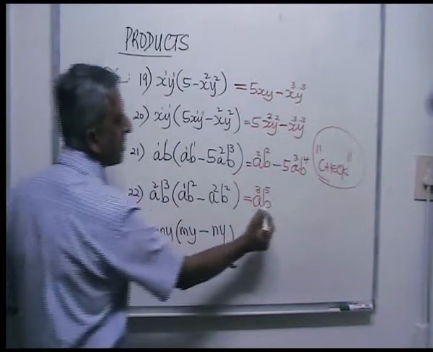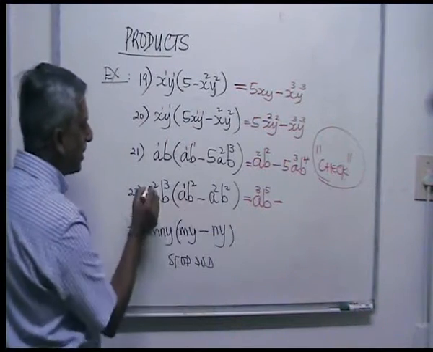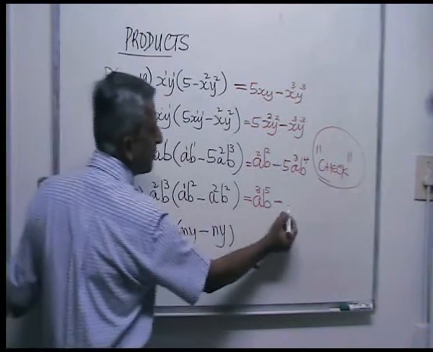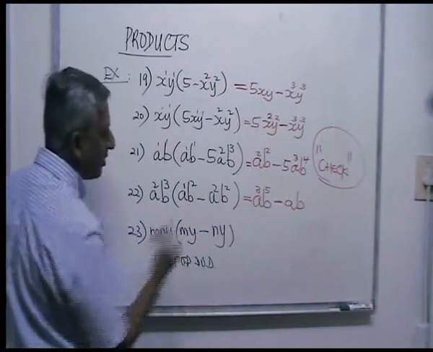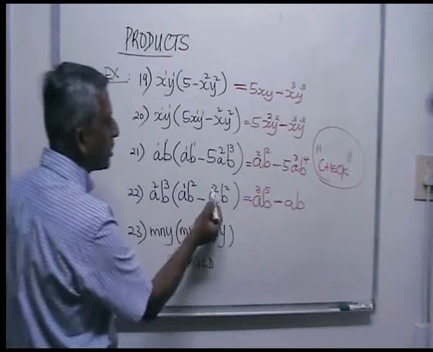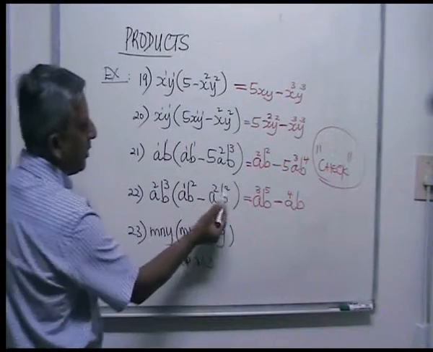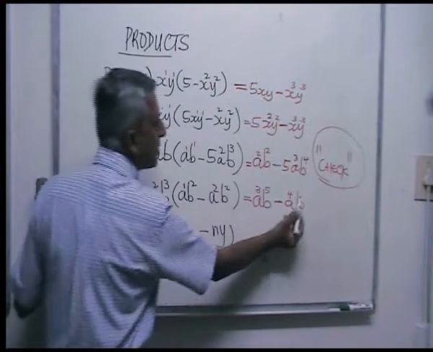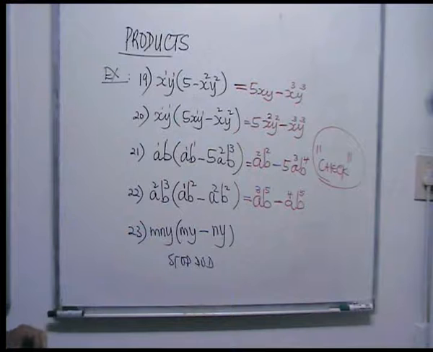Plus times minus is minus. A squared, A squared. 2 plus 2 gives me, oh sorry, let me write down the bases first. AB and AB, write down the base. Then 2 plus 2 gives you 4. Then 3 plus 2 gives you 5.